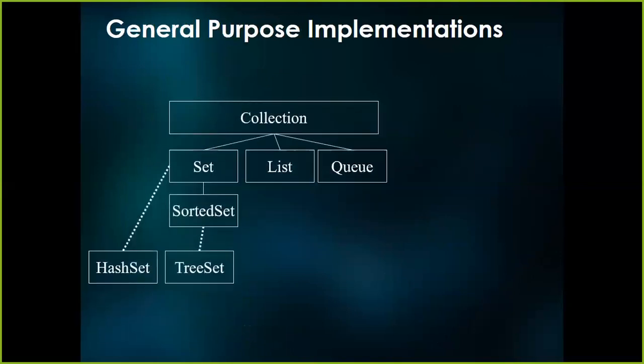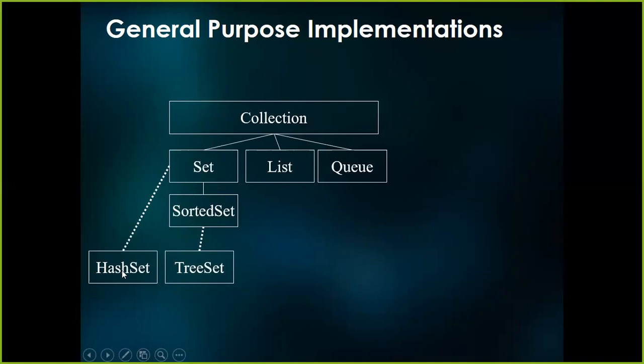So these are the collections that you have seen. These are interfaces: Collection, Set, List, Queue, and SortedSet. Now, for their implementations we should have classes, right? If you have only interfaces, you can't create the objects and you can't call the methods. So Java has provided us the implementations for these interfaces as well.